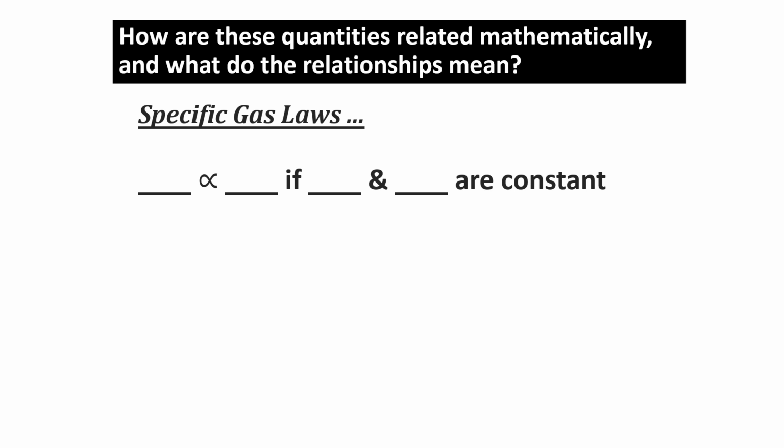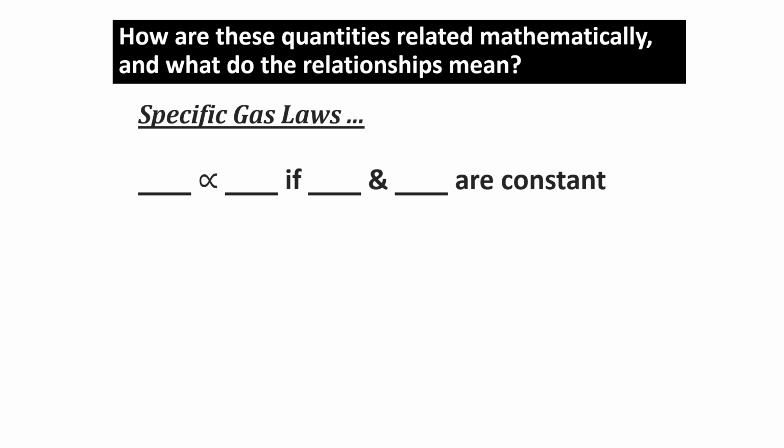So how are these quantities related to each other mathematically? What are their relationships? Here is a trick. If you want to identify how the variables are related, all you really have to do is look at which side of the equation they're on.